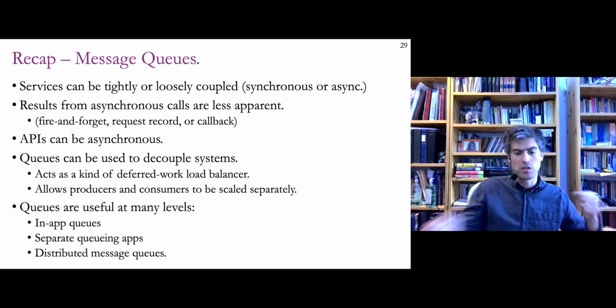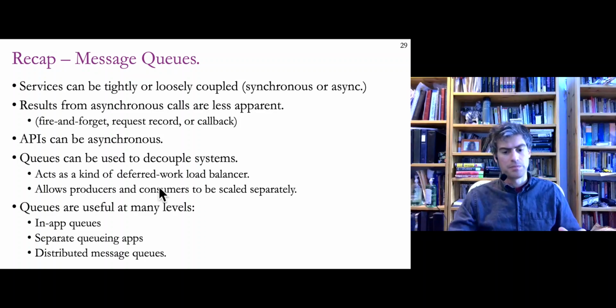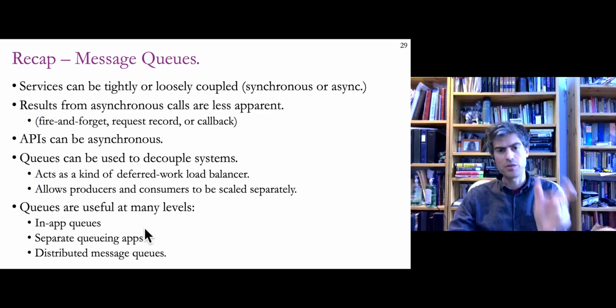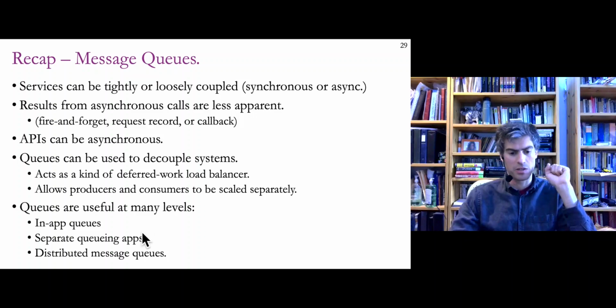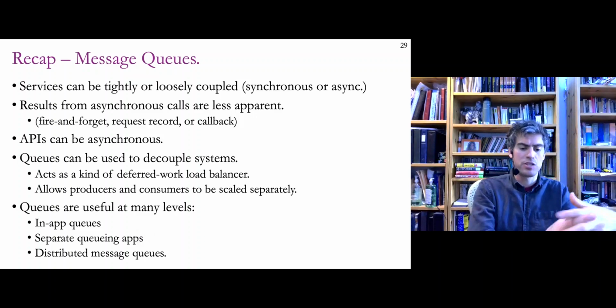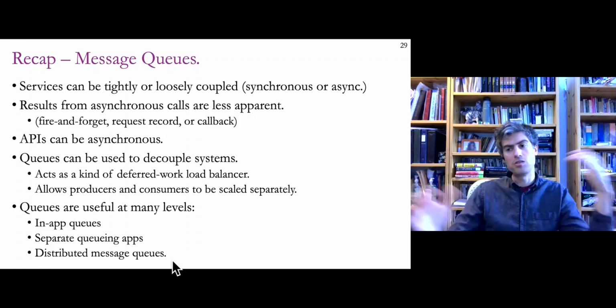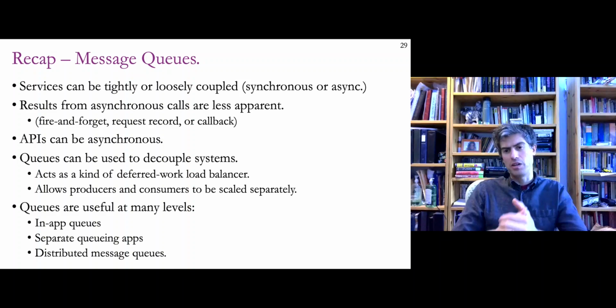So we have producers and consumers separated by a queue. They can be scaled separately, and as long as they agree on the format of the message, the system works well. We can use queues at many levels. Inside an application, you can have a queue in memory. We can have queuing apps that run on a machine, maybe alongside some other applications. And finally, we can have distributed message queues that implement huge scale, but which have some consistency trade-offs.